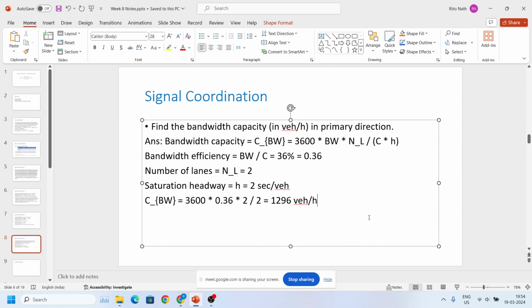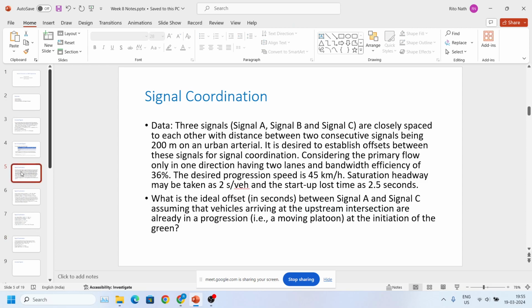Desired progression speed is given as 15 meters per second, so you don't have to do any conversions. Saturation headway is 2 seconds per vehicle. It is desired to establish offsets between the signals for signal coordination, considering the primary flow in one direction having two lanes. Cycle length and effective lane are given. So it is the ideal offset between signals A and B, assuming that vehicles arriving at the upstream intersection are already in progression. Okay, so it's the first problem that we solved.